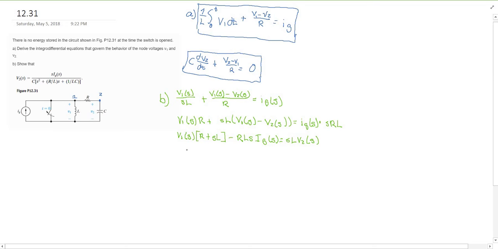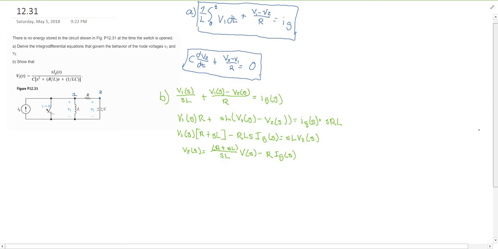Alright, now we have this equation: V2(s) is equal to, again dividing everything by sL, (R plus sL) divided by sL times V1(s), minus R times IG(s). That's our first equation right there.